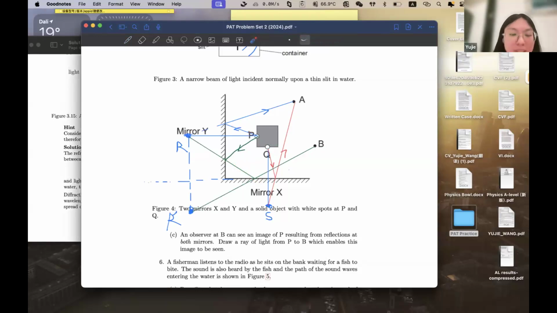Also, just a small notice. When you're trying to draw the light rays that are reflected, make sure that the angle of incidence equals the angle of reflection.